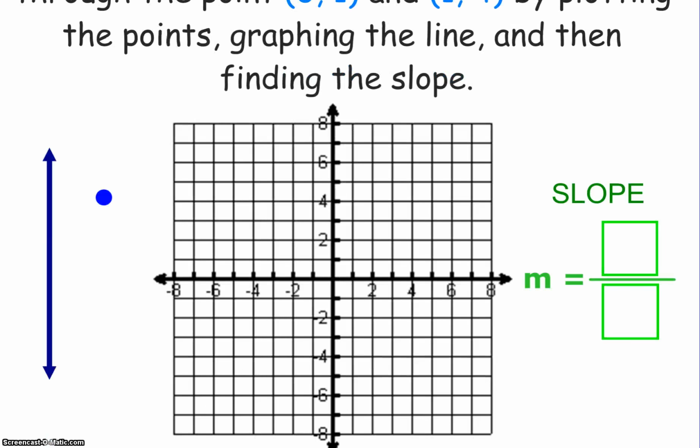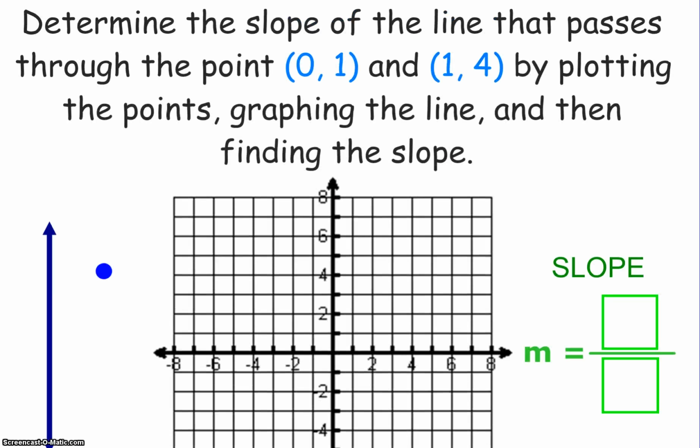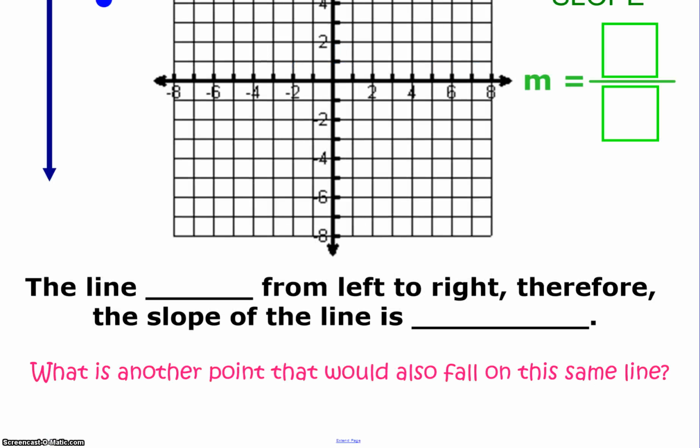So here's your first example on your paper. Make sure you are looking at the same example I'm looking at. It says determine the slope of the line that passes through the points 0, 1 and 1, 4 by plotting the points, graphing the line, and then finding the slope. We know that slope is rise over run.